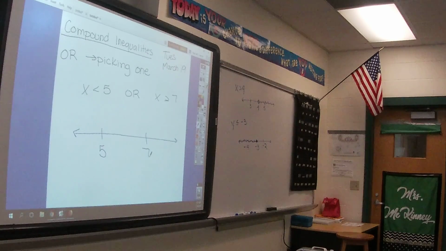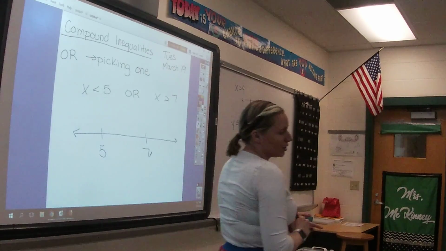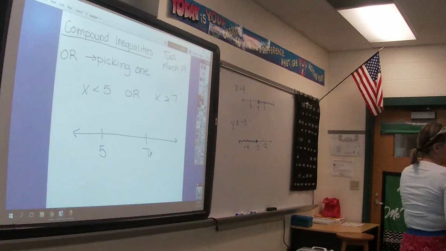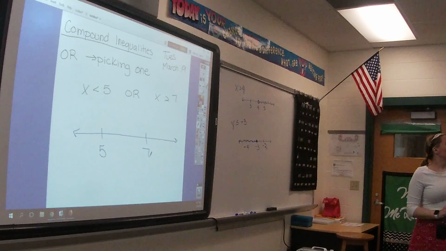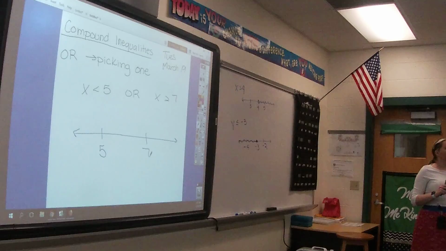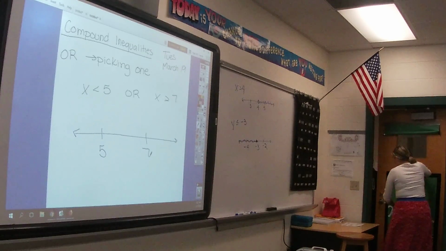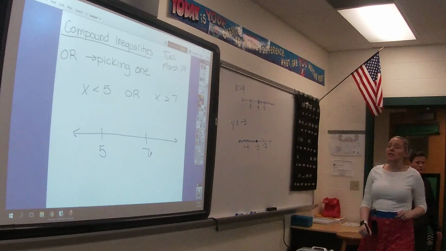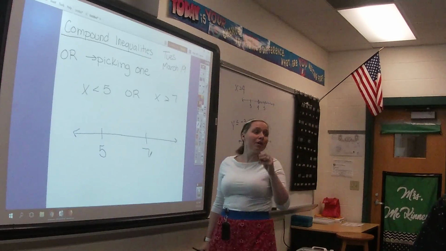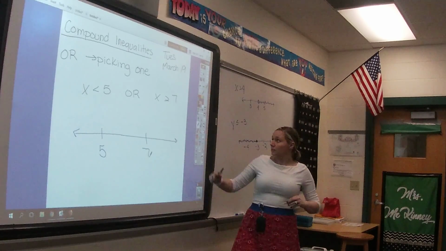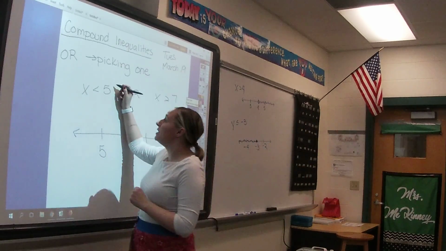Okay, now this is going to seem a little bit goofy for right now, but I just need you to give me a couple minutes as we get through the class period here. We want to think about both of these being graphed above the number line. So we're going to look at these individually.